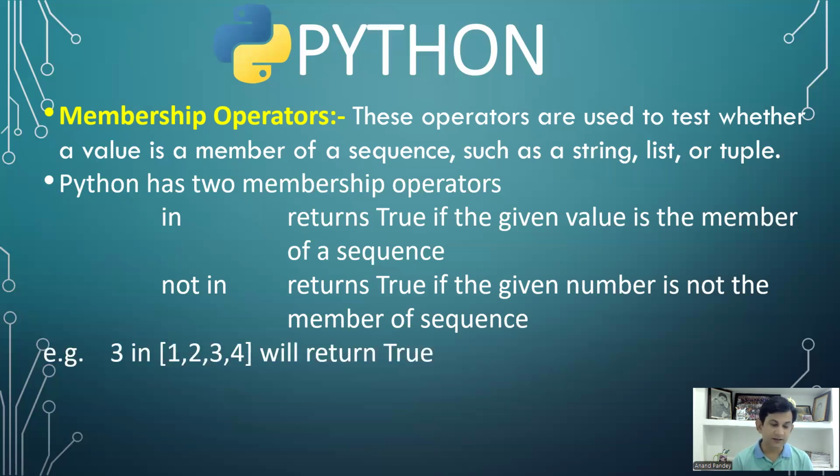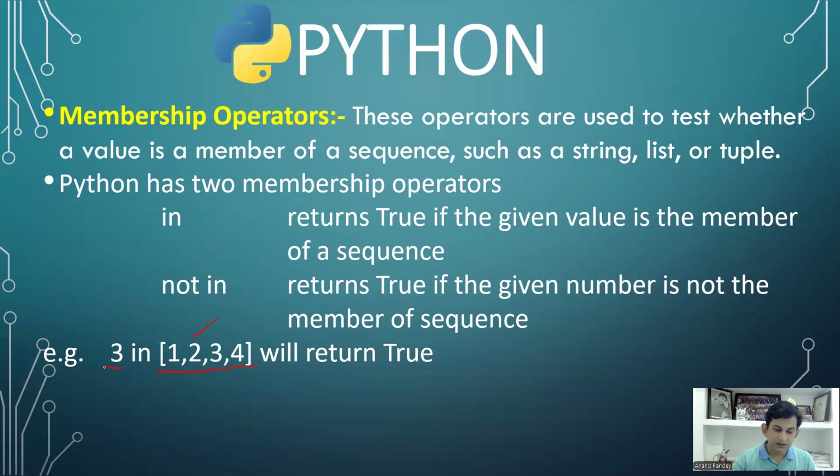Let's understand with an example. 3 in [1, 2, 3, 4] will return what? As you can see, it's a list, and we are checking whether this 3 is in this list or not. For that, we have the in operator, one of the membership operators.